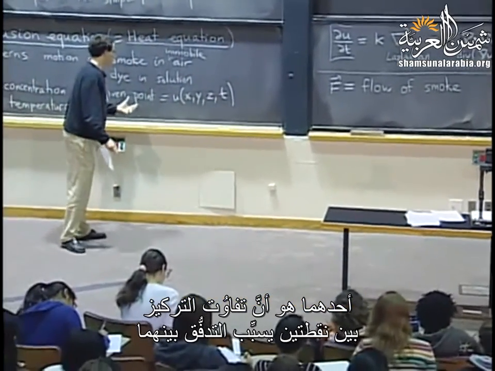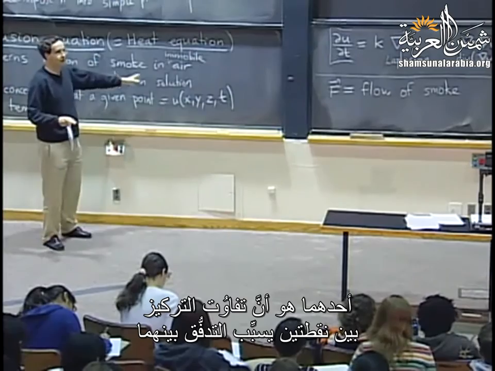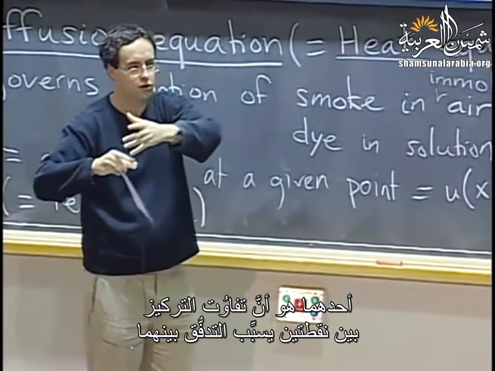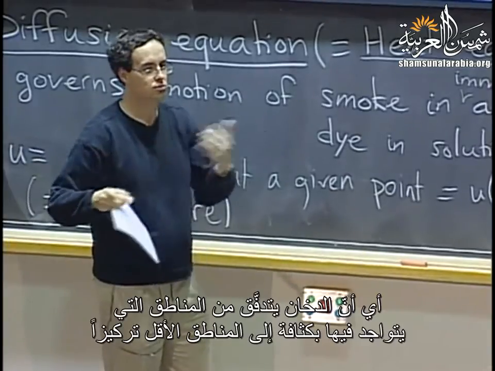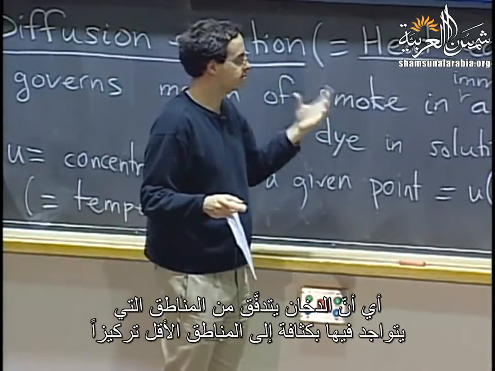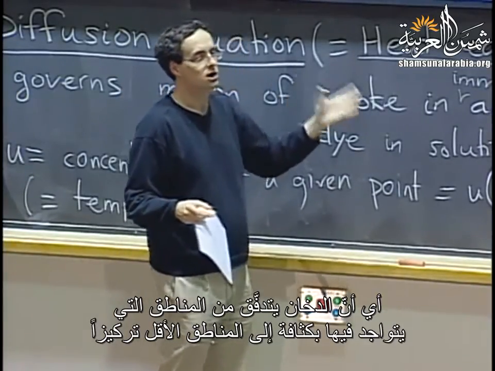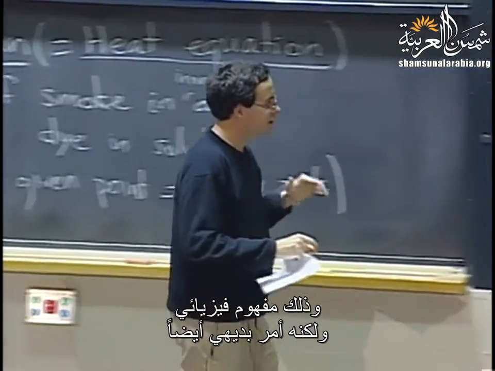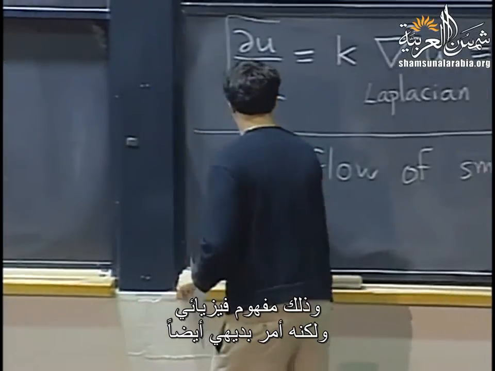One is how the disparities in the concentration between different points cause the flow to be there. You know, how smoke will flow from the regions where there's more smoke to the regions where there's less smoke. And that's actually physics. But in a way, it's also common sense.